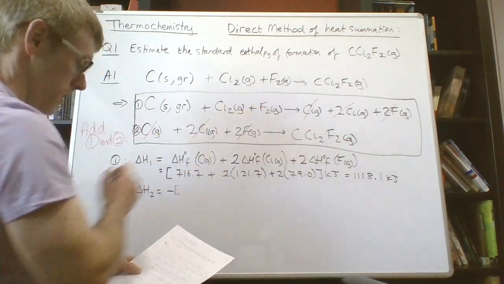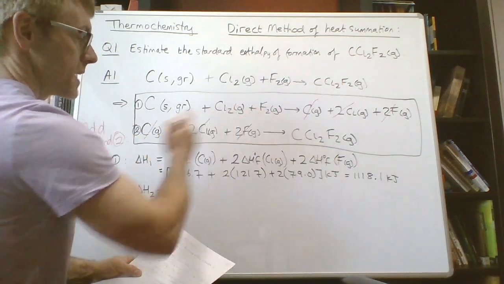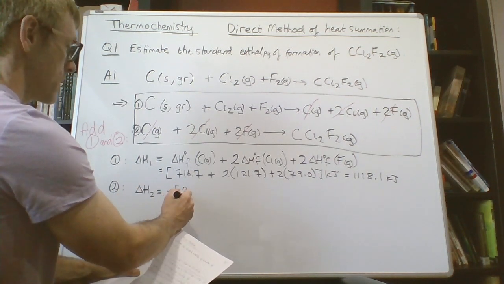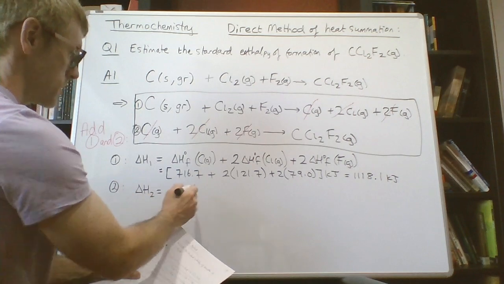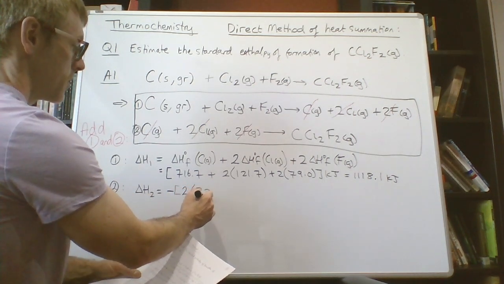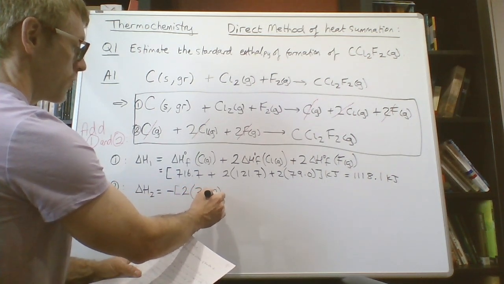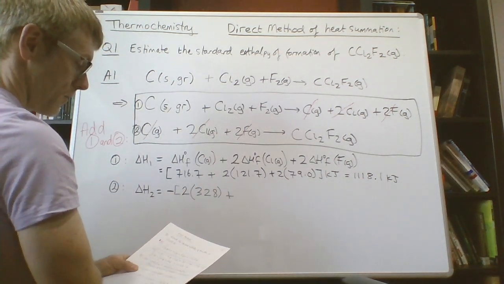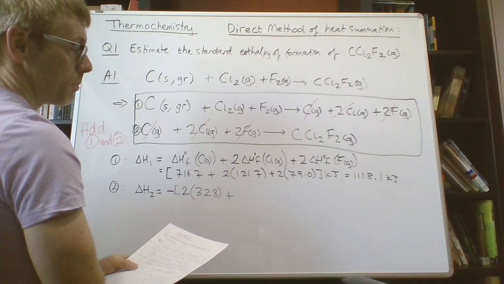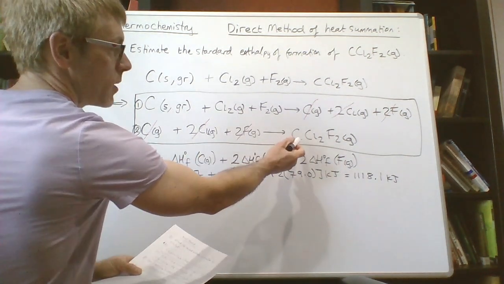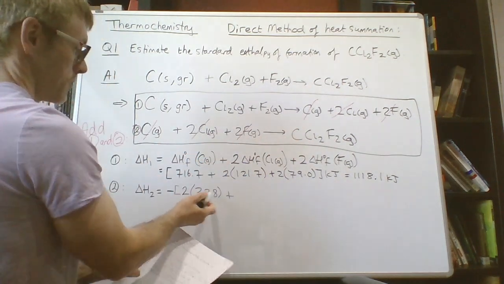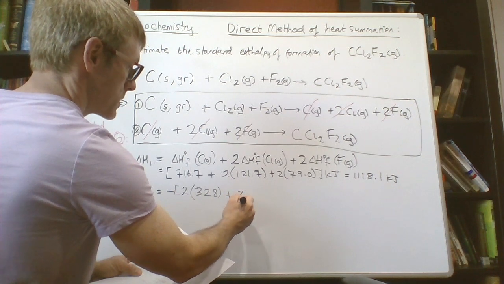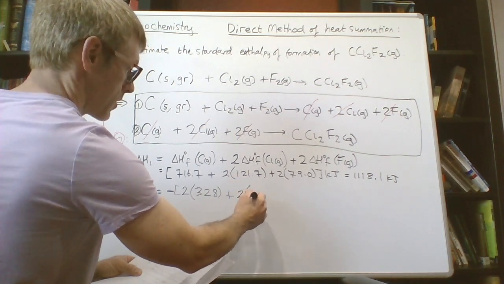So basically, what am I doing here? I'm making 2 C-Cl bonds, 2 bonds between carbon and chlorine. So I've got twice the bond energy linking carbon and chlorine. That value is 328, so I have 2 of those. And I'm going to make 2 bonds between carbon and fluorine. So 2 bonds from carbon to chlorine, shown here. 2 bonds from carbon to fluorine. So that's going to be twice the bond enthalpy for carbon to fluorine.